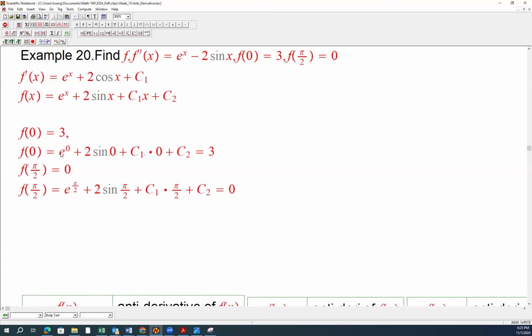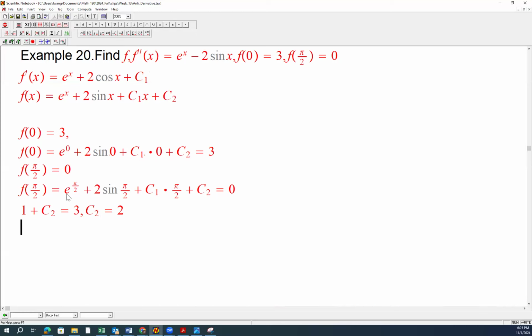So we ended up with 2 equations. From the first equation, C1 times 0 is 0, and e to the power 0 is 1. So C sub 2 equals 2.